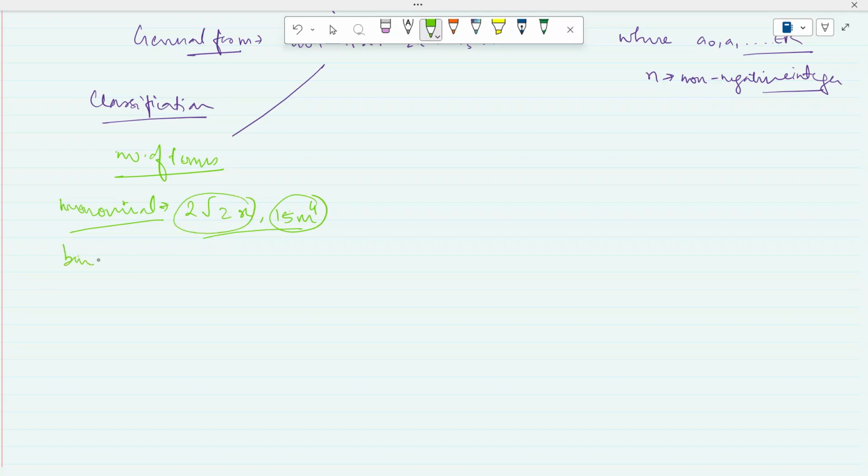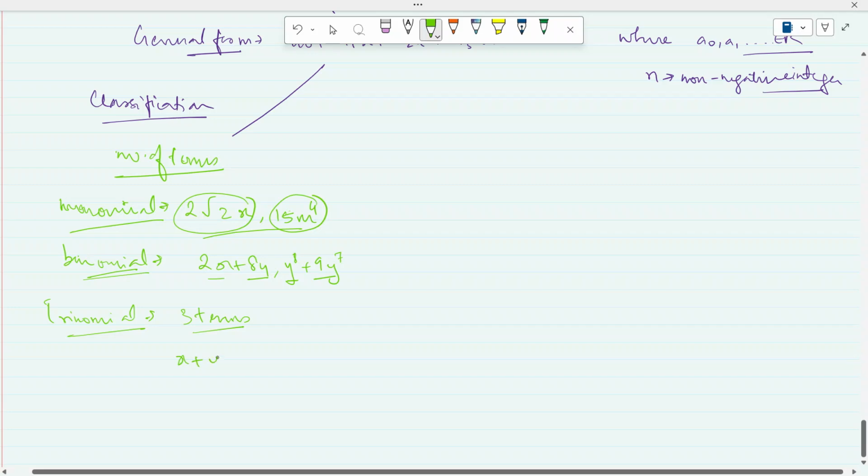Second is binomial. Here we have two terms like 2x plus 8y and y to the power 8 plus 9 to the power y7. Two terms are there, so basically it's a binomial. Then trinomial means there are three terms, like x plus y plus z are three terms.